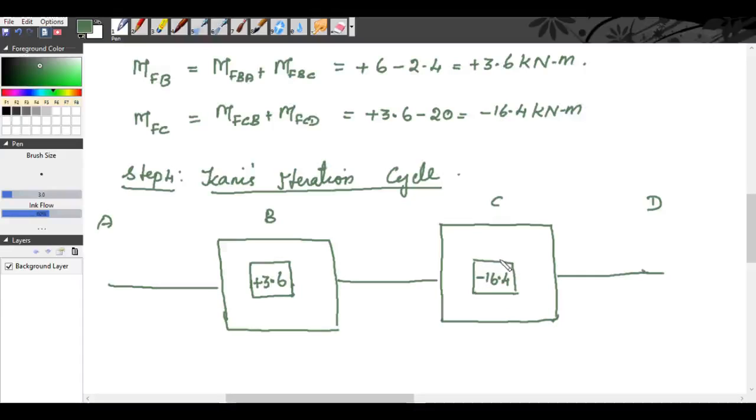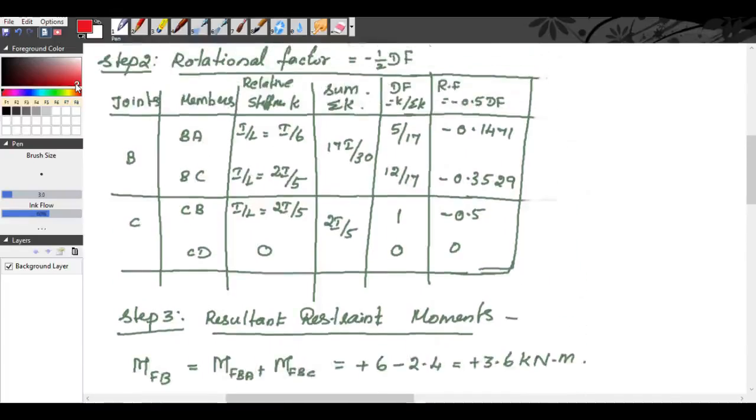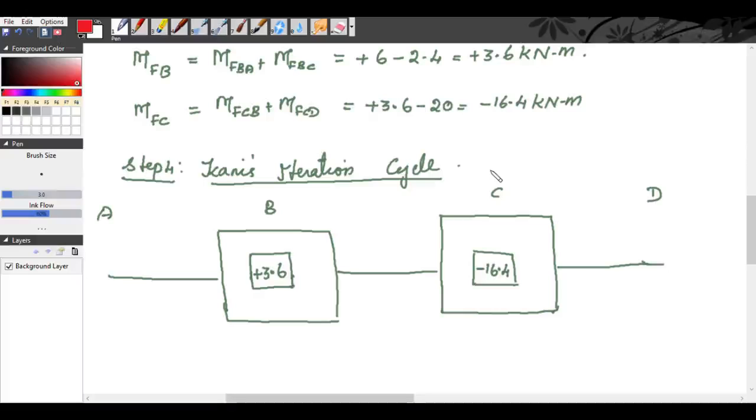Now we will write the rotational factors. We know at joint B, the rotational factors are, for BA it is minus 0.1471 and for BC it is minus 0.3529. So for BA it is minus 0.1471.